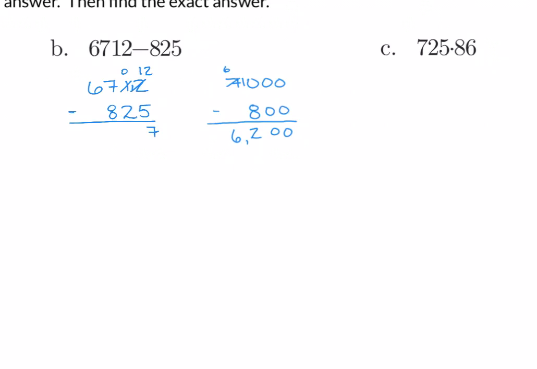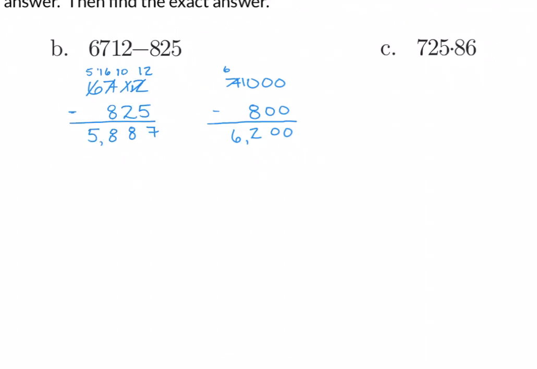I cannot do 0 minus 2, so I need to borrow. I'm going to make the 7 into a 6 and the 0 into a 10. 10 minus 2 is 8. I cannot do 6 minus 8, so I need to borrow. 16 minus 8 is 8, and then we bring down our 5.